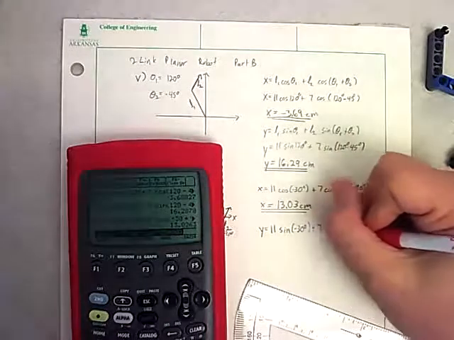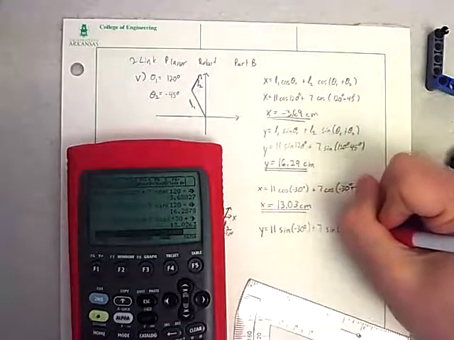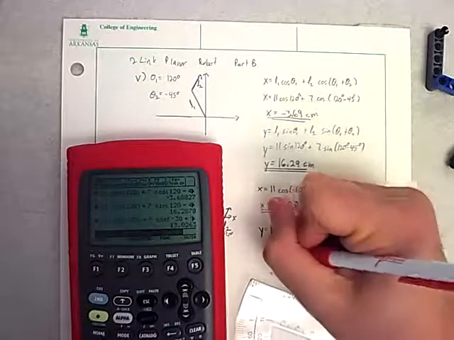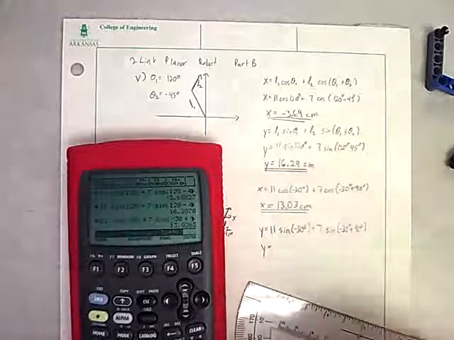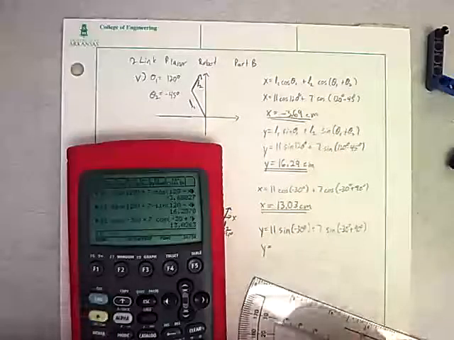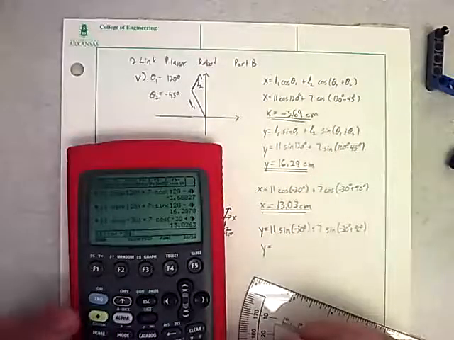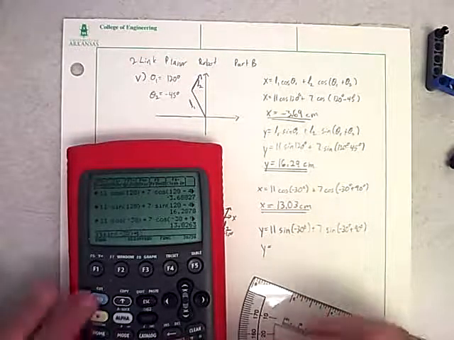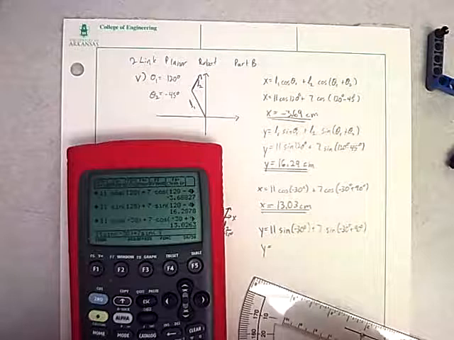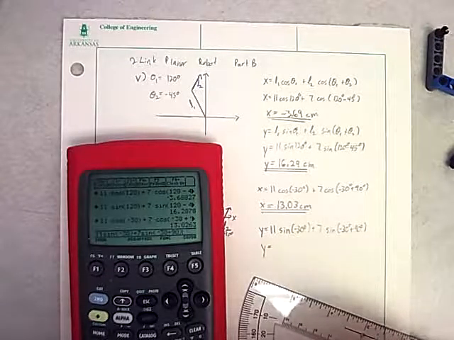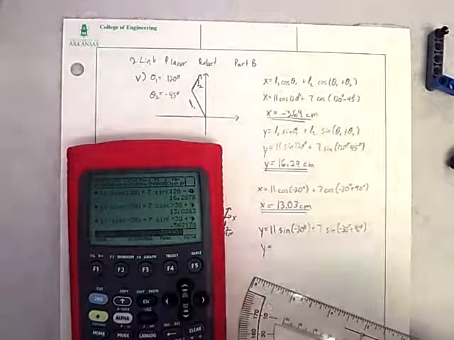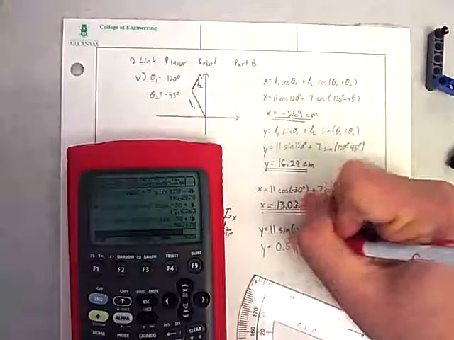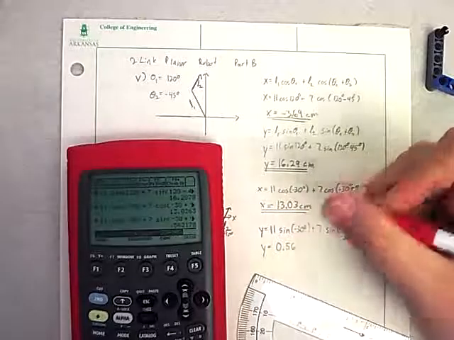For the y, it's 11 times the sine of negative 30 degrees plus 7 times the sine of negative 30 plus 90 degrees. Put it in the calculator, and so it crosses, but not by much. 0.56 centimeters.